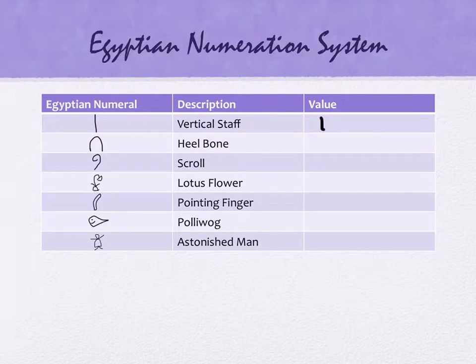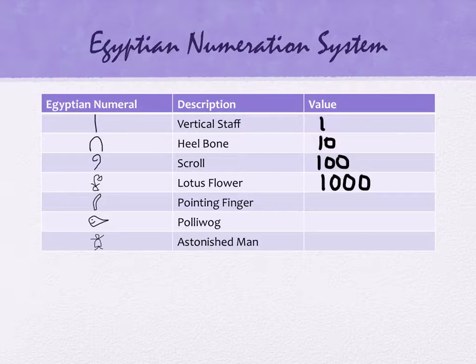The heel bone, you kind of see that as a heel bone, has the value 10. A scroll has the value 100. The lotus flower, what do you think it is? 1,000. You're seeing patterns, right?